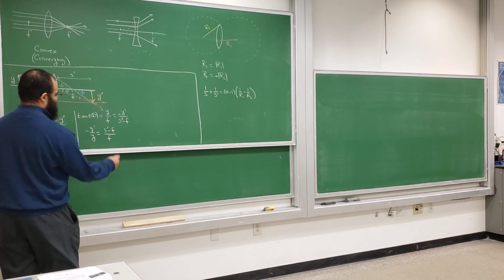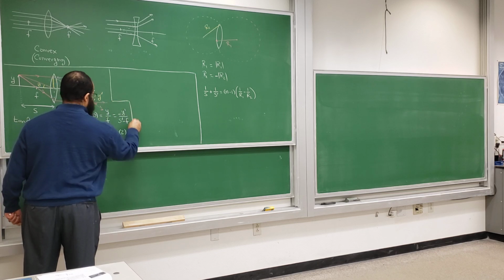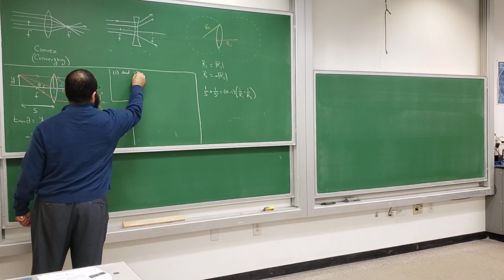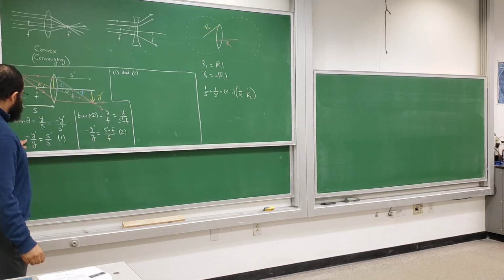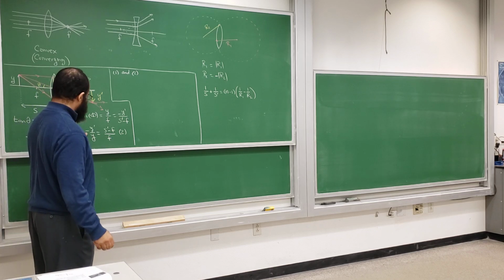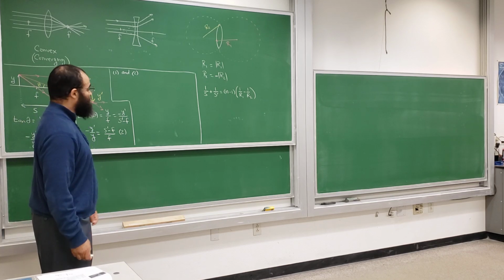So let's call this equation 2. And now let's combine equations 1 and 2 and see what they give us. Equation 1 says minus y prime over y is this. Equation 2 says the same quantity, minus y prime over y, is this. So I'm going to set the right hand sides equal to each other.